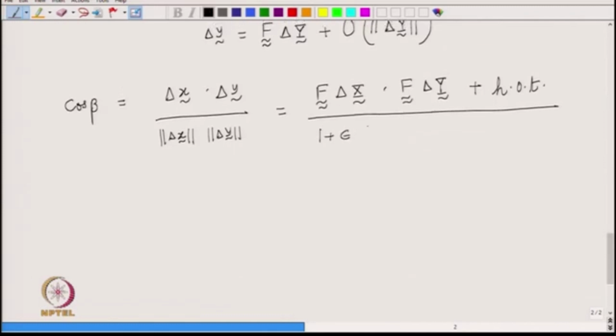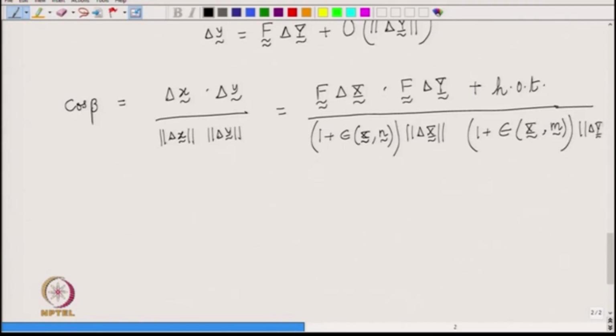So, what we have here is 1 plus epsilon at the point x, in the direction of n, multiplied with the magnitude delta big X. Similarly, we also have 1 plus epsilon at the point x, in the direction of m, multiplied with the magnitude delta big Y.